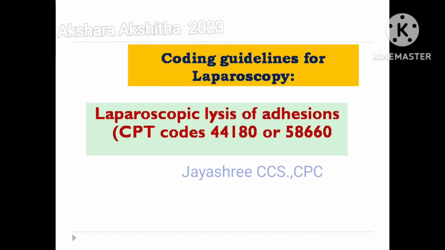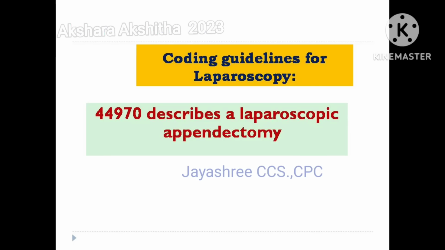Okay. The next point is 44970, laparoscopic appendectomy, and this may be reported separately with the other laparoscopy procedure. When a diseased appendix is removed, then only we can bill laparoscopic appendectomy additionally. If a normal appendix is removed with the other laparoscopy procedure, we cannot bill separately.